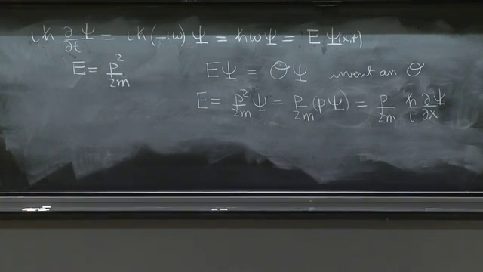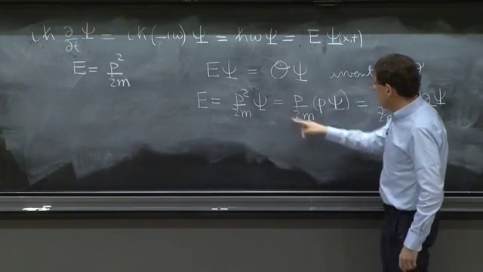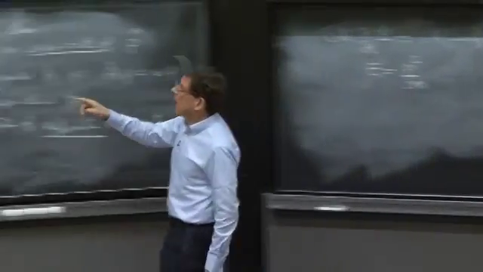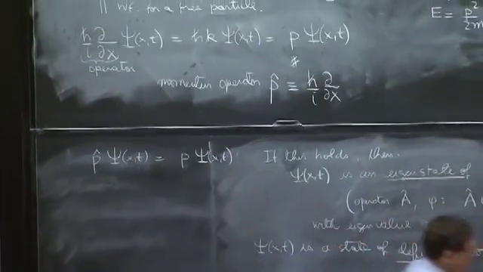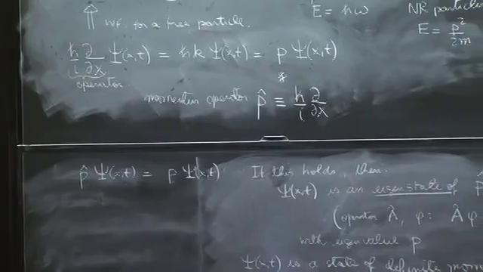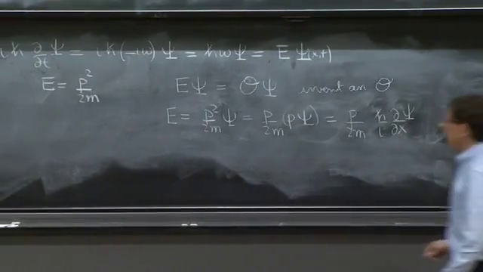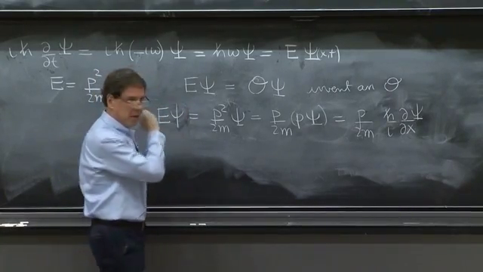If I make a little typo in what I'm writing, I can confuse you for a long time. So far, these are numbers. This is a number times psi, but this p times psi is p hat psi, which is that operator there. So I wrote it this way.